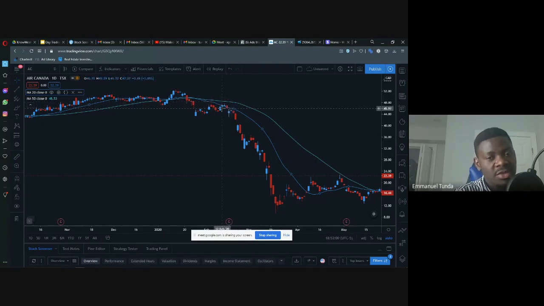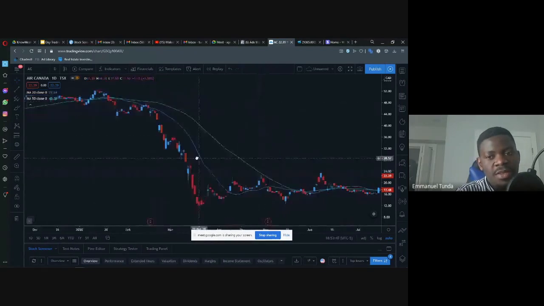If you want to reinforce your position, you want to wait for the price to come to the 20 moving average and then reinforce your position or get in the market if you're not in yet. And if the price breaks the moving average 20, you can wait for it at the 50 moving average. But if it breaks the 50 moving average too, then understand that we are ready for a reversal. It may be a potential reversal. You just need to wait for some confirmation before you get in.